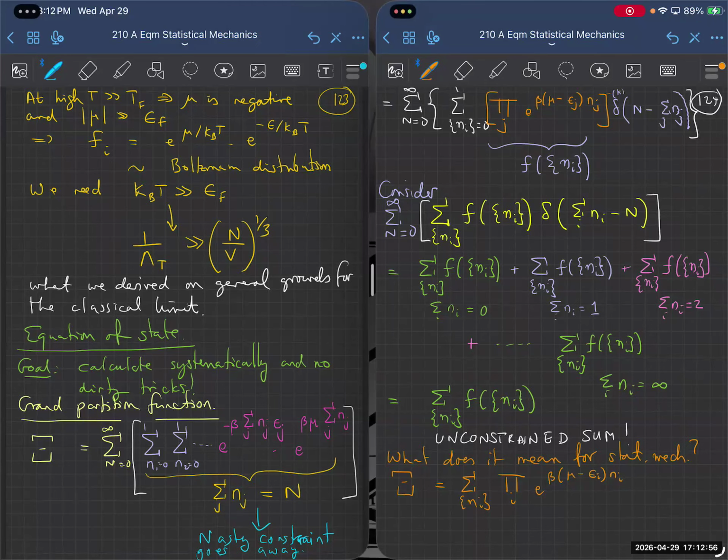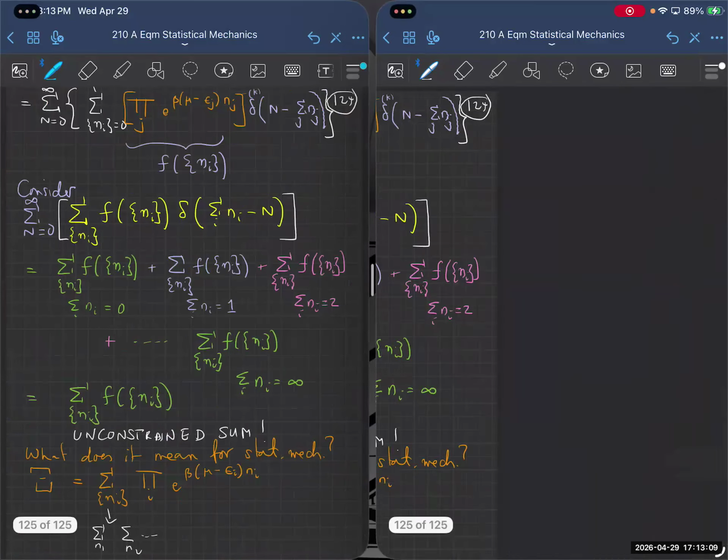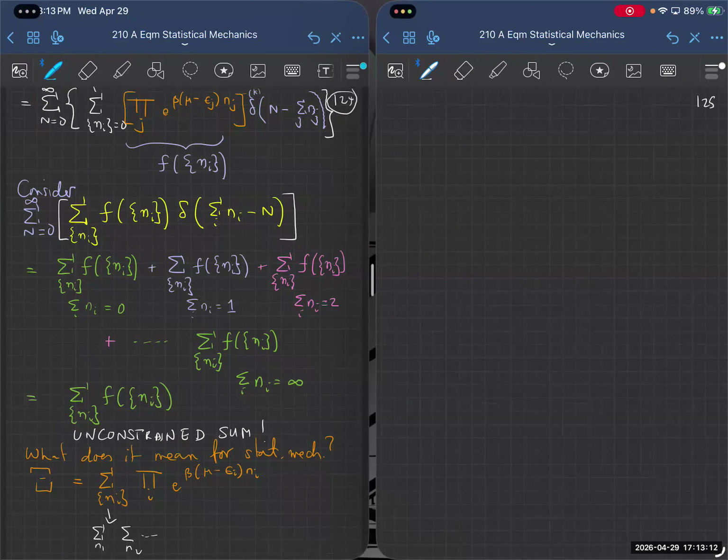And just to make sure everybody's on the same page, this just means sum over N1, sum over N2, etc. It's a product of summations. And so now that means that the grand partition function factorizes.